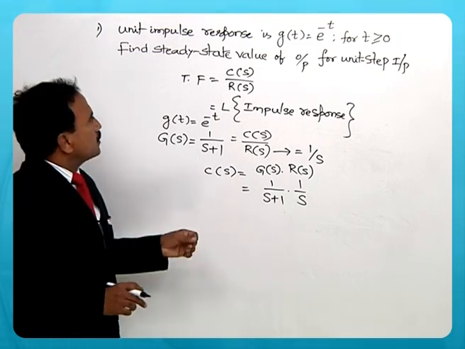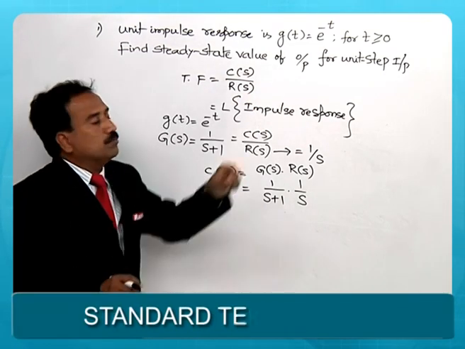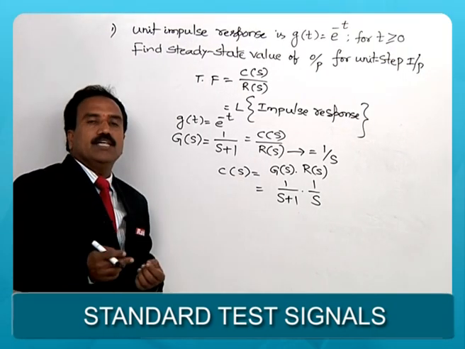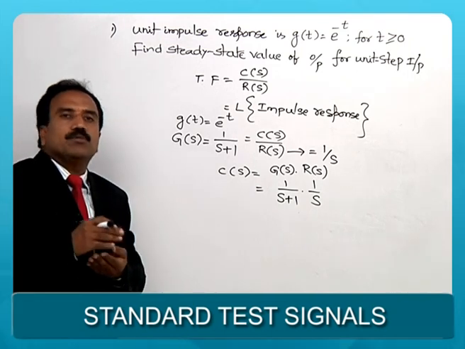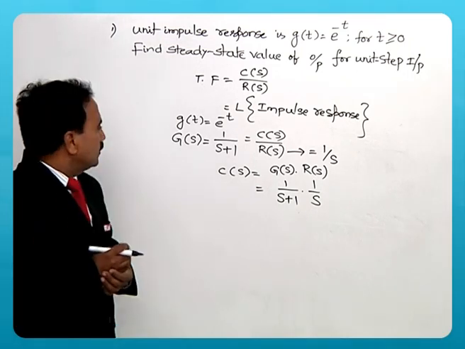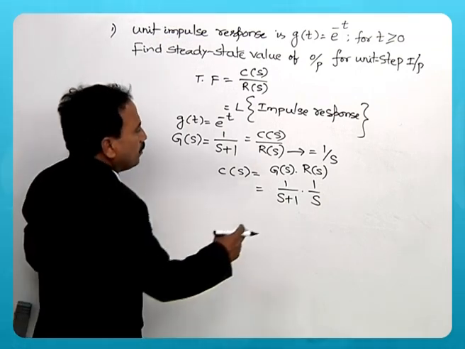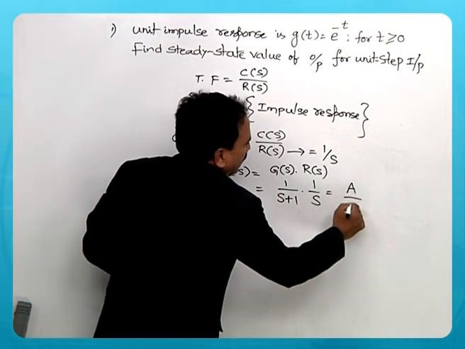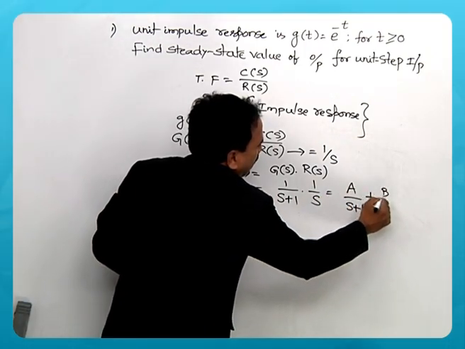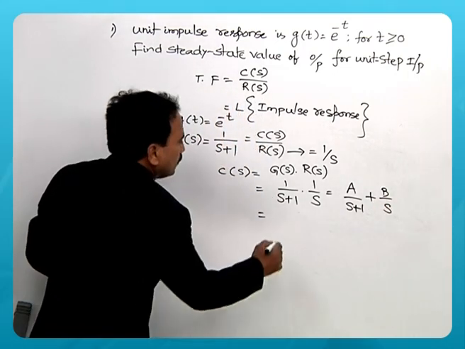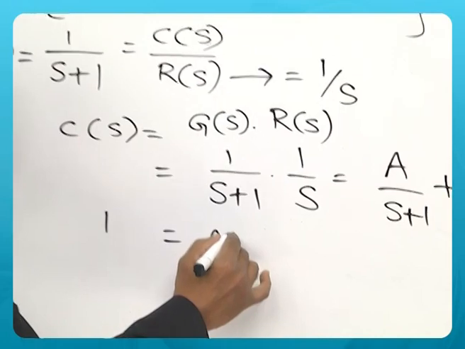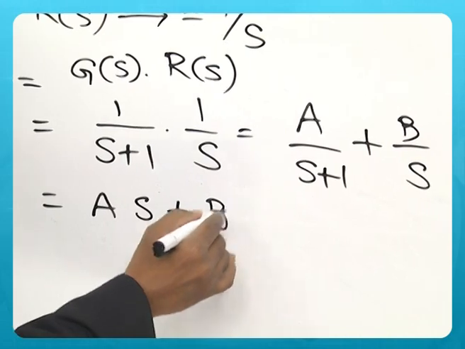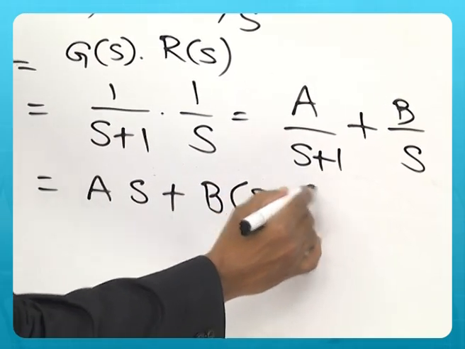So you are asked to find out the steady state value of the output. Means once you get the response in time domain C of t, then as time approaches infinity, what is the response? That we need to see. So here if you apply partial fractions, this is equal to a by s plus 1 plus b by s. So you can write this as 1 is equal to a into s plus b into s plus 1.